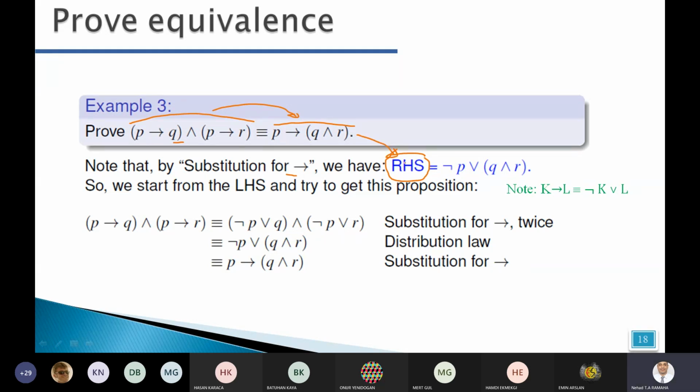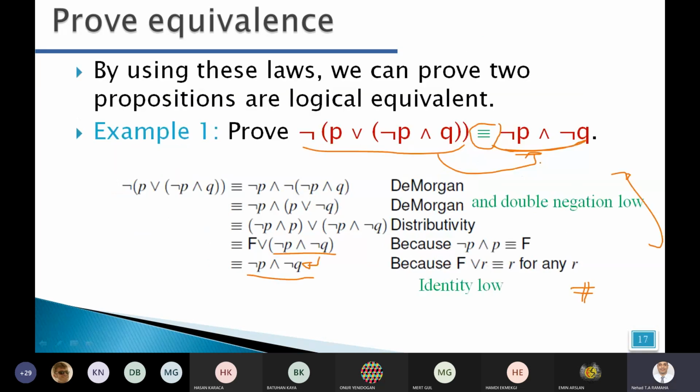This right hand side, we can write it like this. We mentioned before that P implies Q is equivalent to not P or Q. Here's the law.